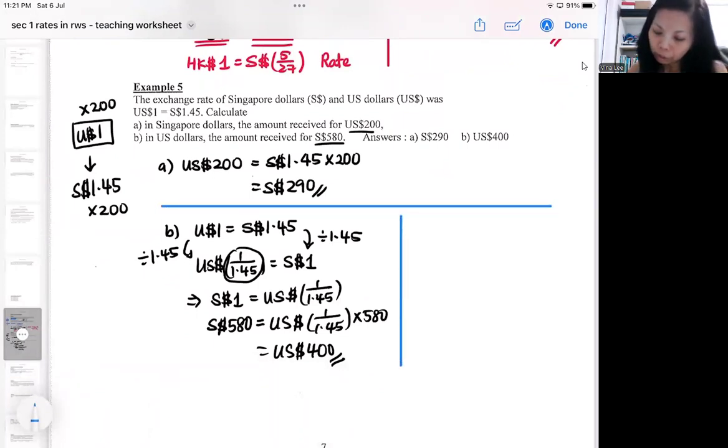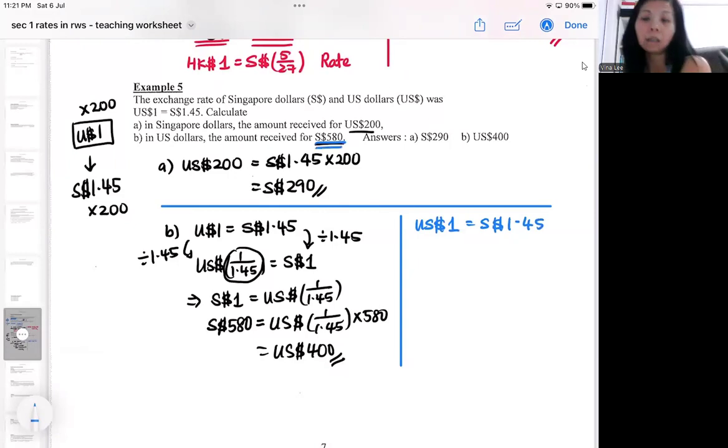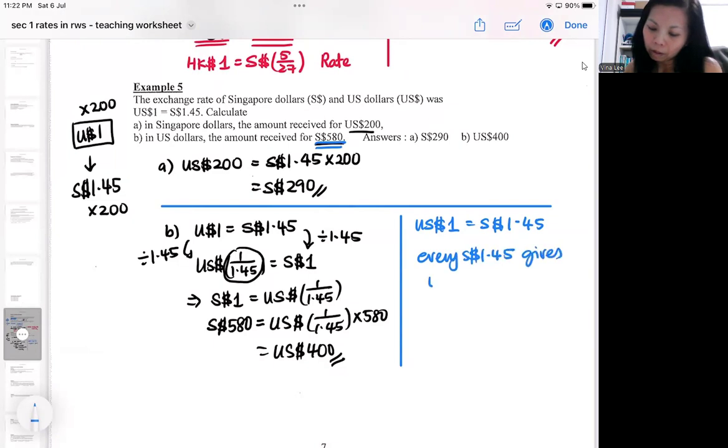That means you still use this exchange rate. If you want to change your 580 Singapore dollars, you can think about it this way. Every $1.45 will give US $1.